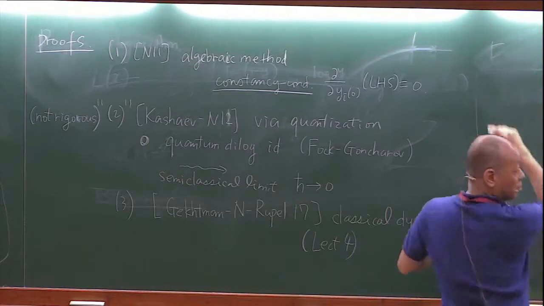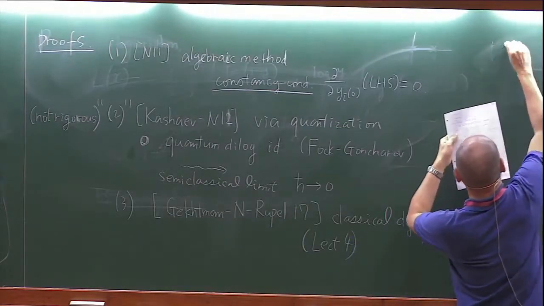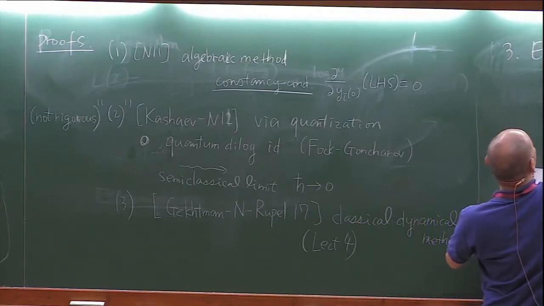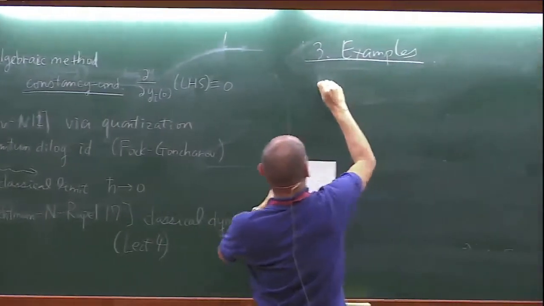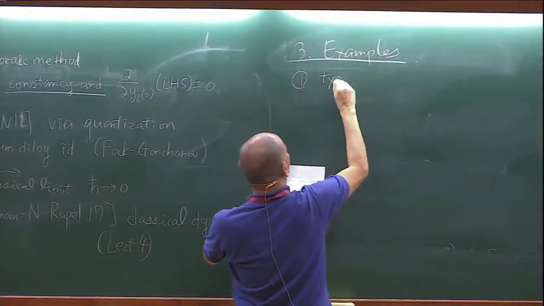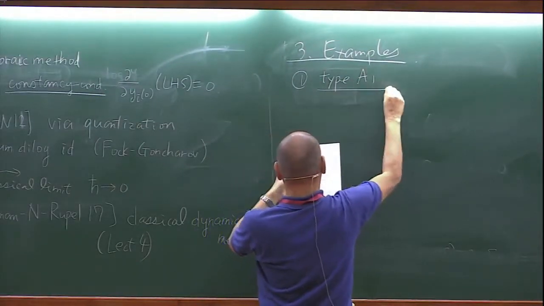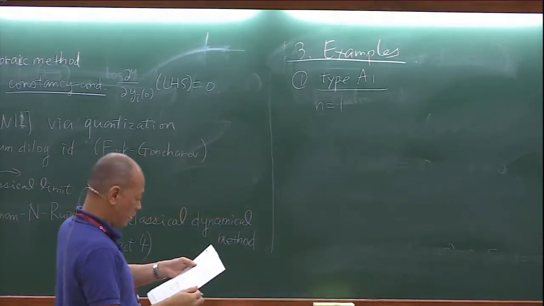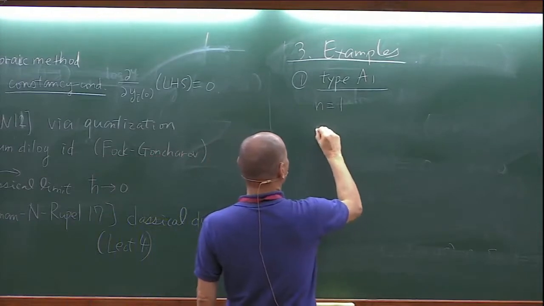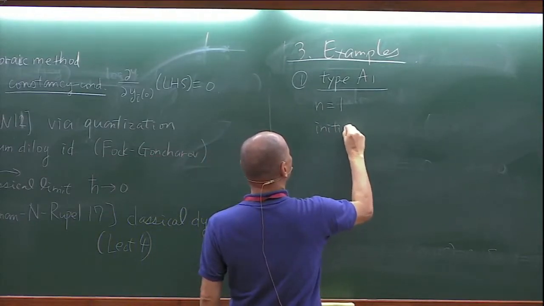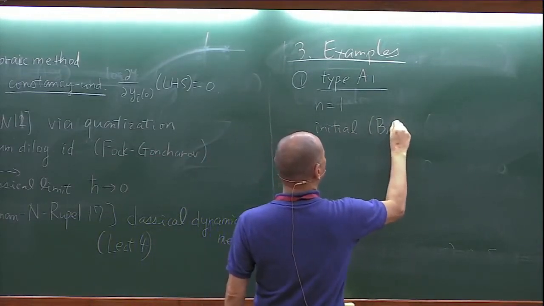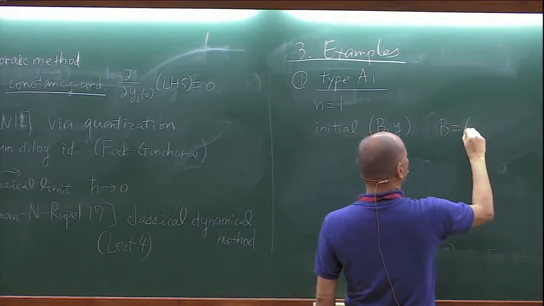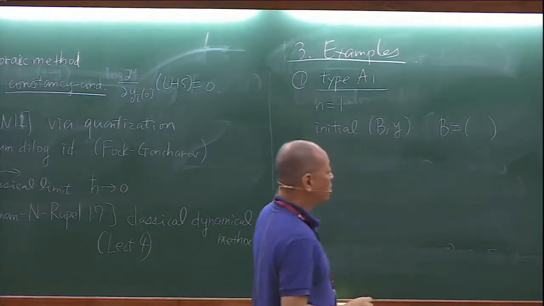So examples. I have 24 minutes now. First one, the type A1 case. Type A1 means rank is 1, and we have an initial y-seed, B and y. For the rank 1 case, it's a 1 by 1 skew-symmetrizable matrix.